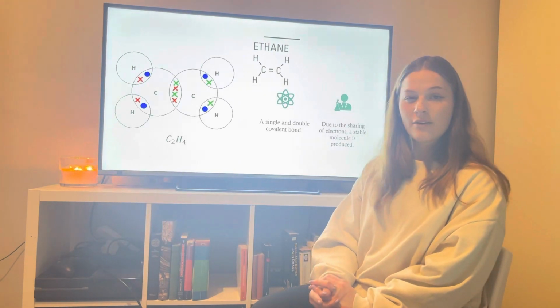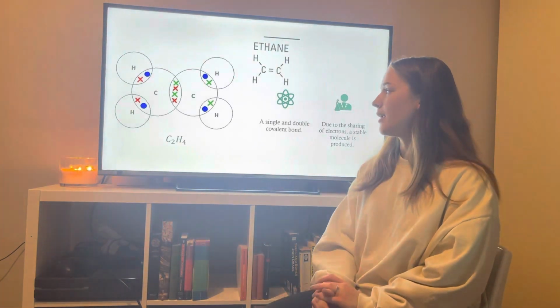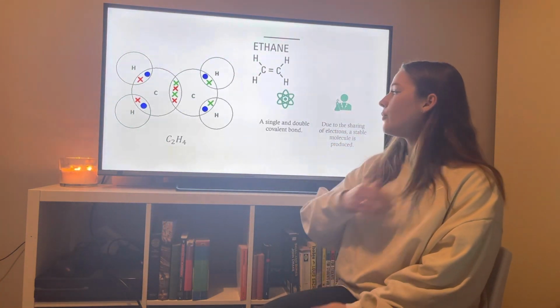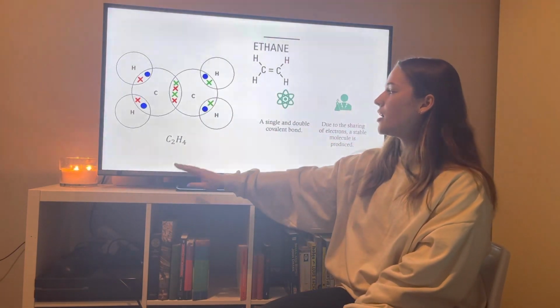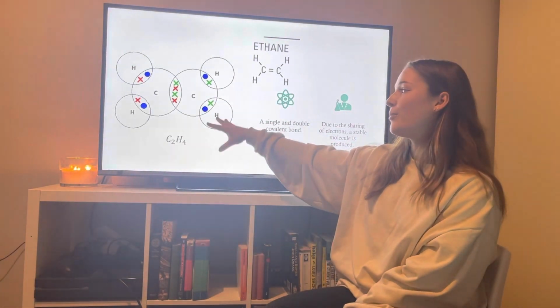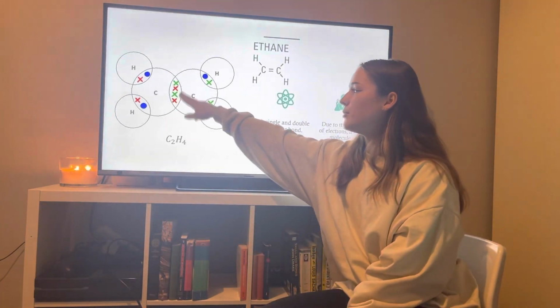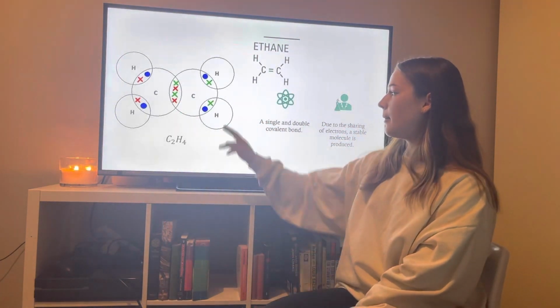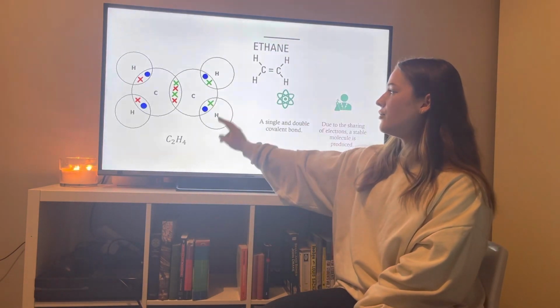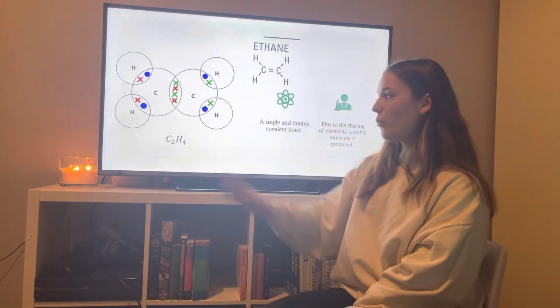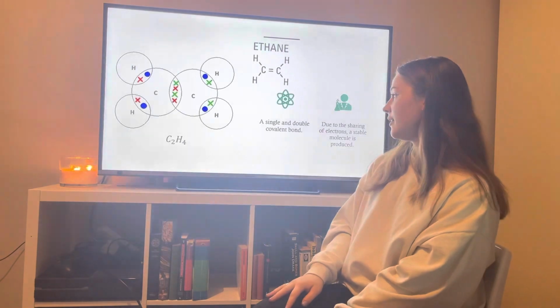Here we have ethane, which is a bit of a more complicated example. So we have 4 hydrogens, which are covalently bonded to carbons, which are both covalently bonded. So between the carbons we have a double covalent bond, and between each of the hydrogens and the carbon we have a single covalent bond.